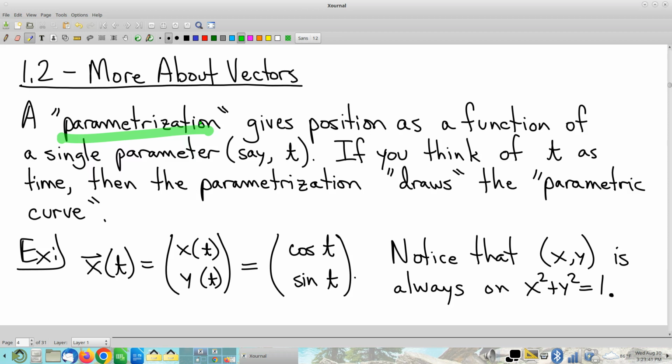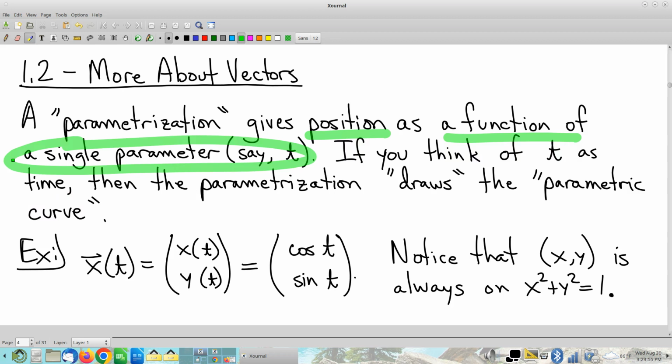So here we go. What a parameterization is. It gives position as a function of, I'm going to say time. Position is a function of time. Okay, now let me correct myself. Technically, you can use any single parameter. So you could have position as a function of Q if you want, right? Doesn't really matter.